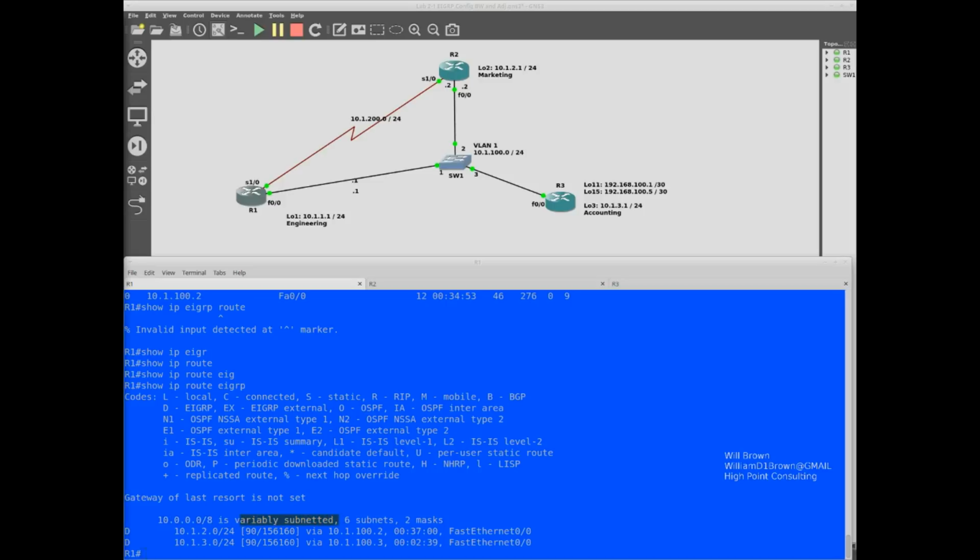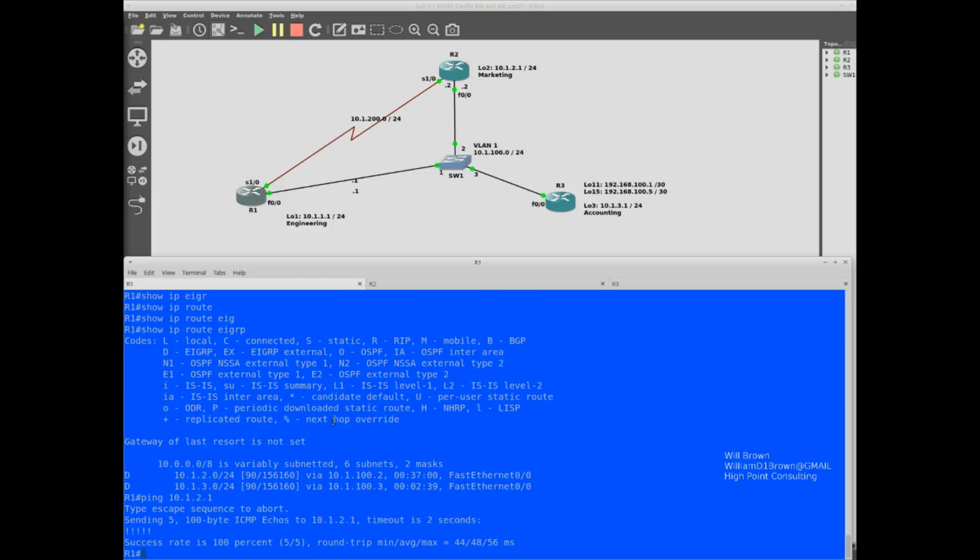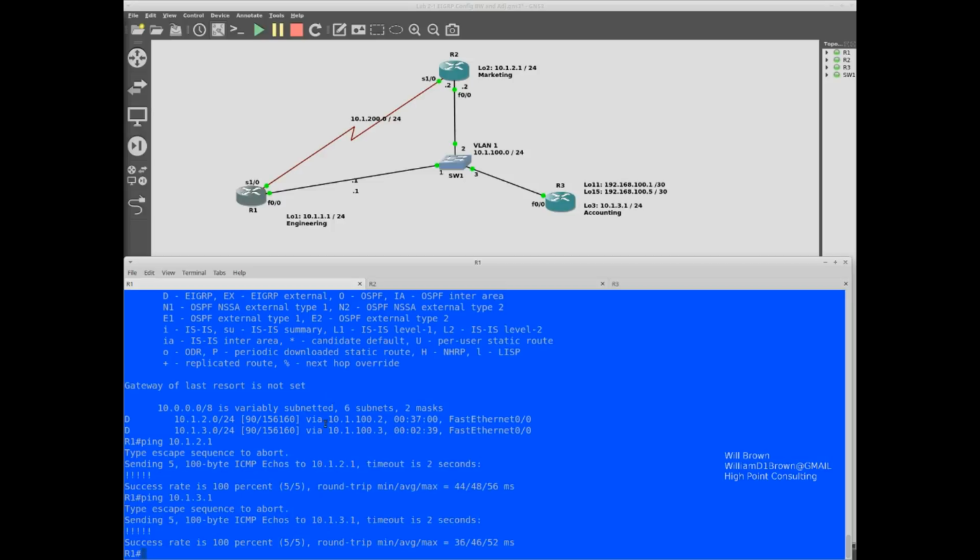So that's important, and we'll be looking more at that as I move forward. I should be able to ping those loopbacks, so from router 1, I'm going to ping 10.1.2.1, and I can. And ping the loopback on router 3, 10.1.3.1, and I can. Great. So we've got the connectivity in the broadcast segment.